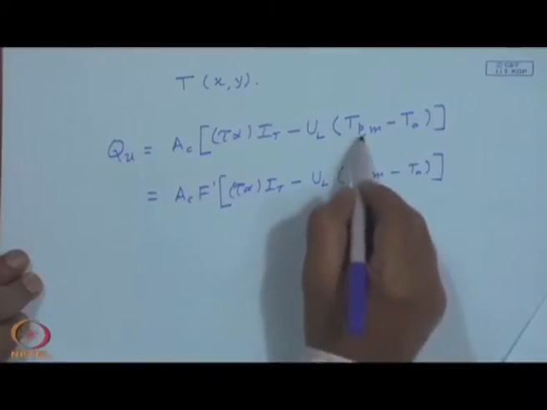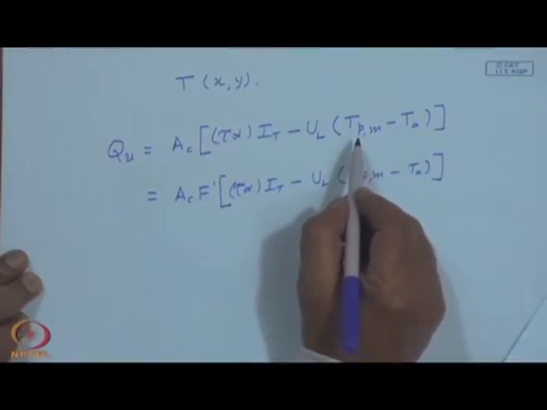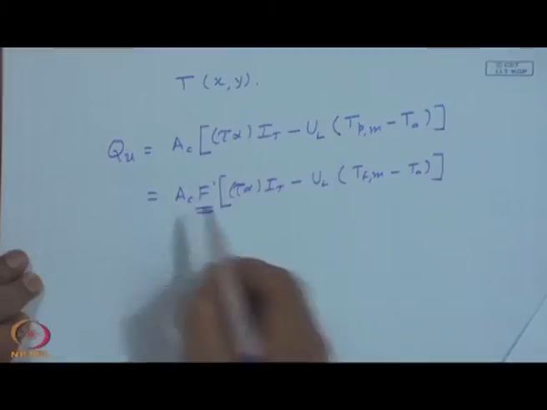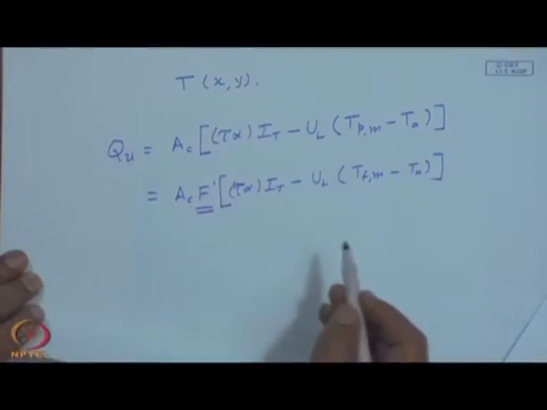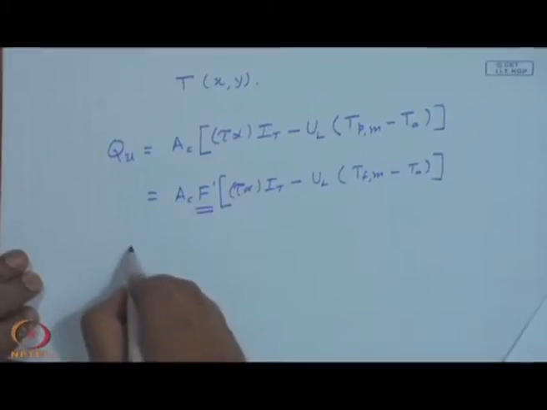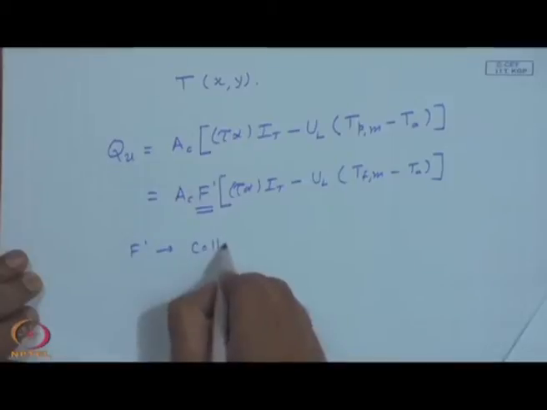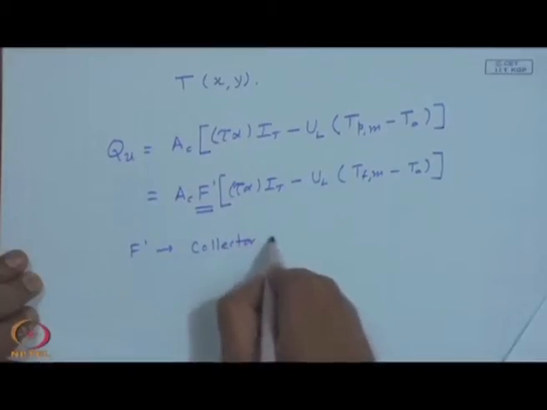If T f m is pretty close to T p m, we can say that the collector is more efficient. In other words, it is able to transfer the energy to the fluid to reach almost the plate temperature. Then this factor F dash will be close to unity. So, this F dash is called the collector efficiency factor, which we have already defined.